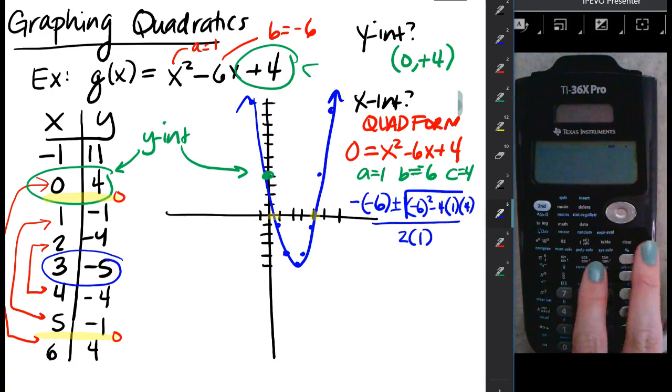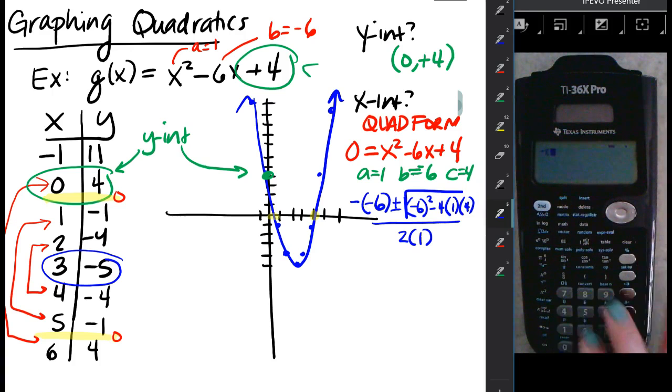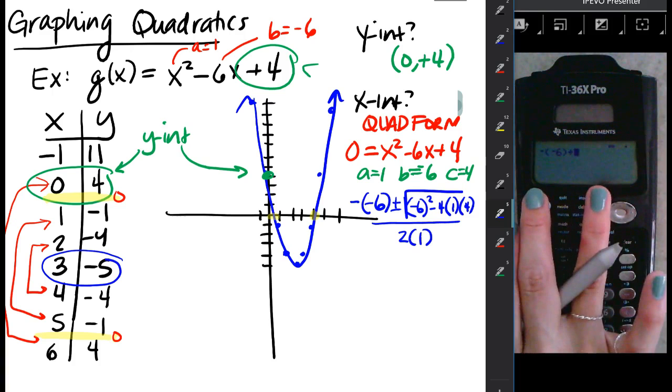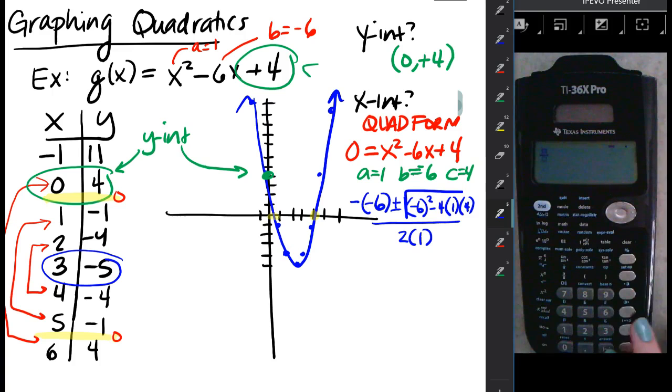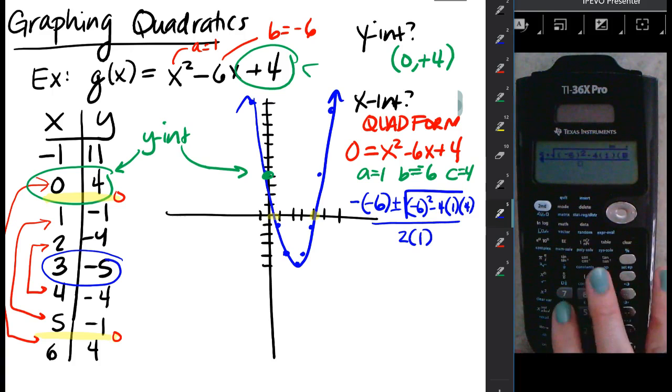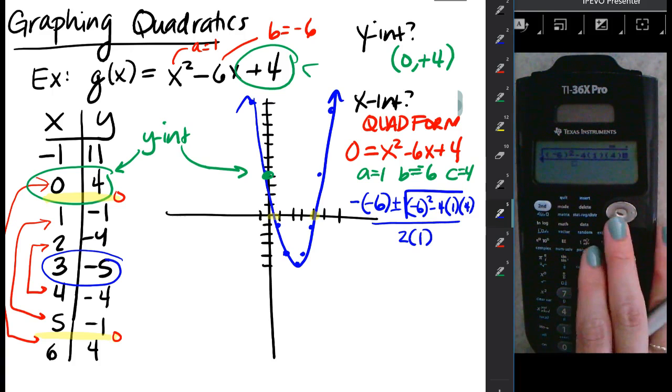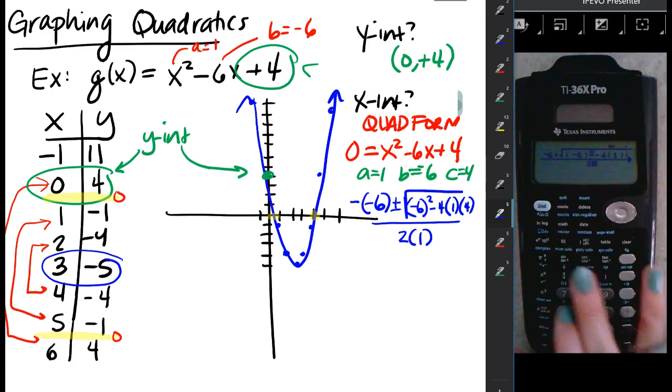We could actually type all of this in, -6, plus, and we'll just do this, oh, I should have done this as one giant fraction, huh? -6 plus the square root of, I have to use parentheses around my -6, that's very important, otherwise it will tell me that that's -36, minus 4 times a 1 times a 4. And this is all over 2 times 1.